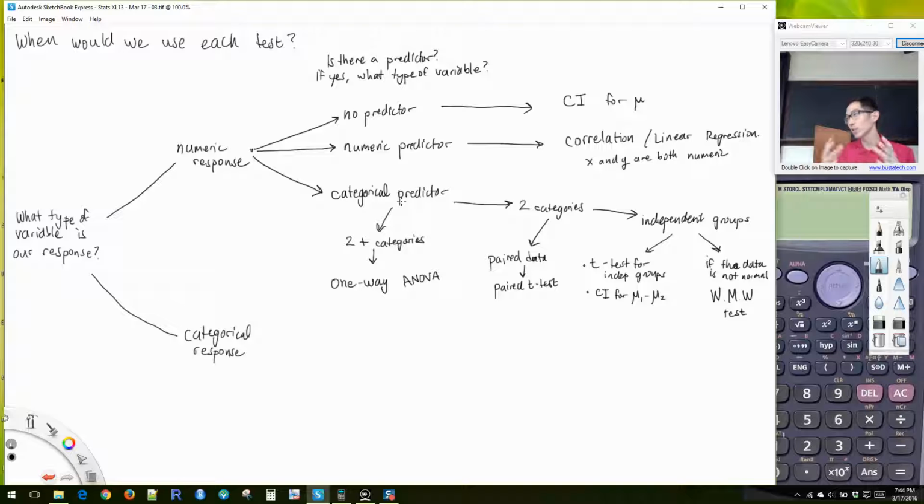That's a numeric response. Then we had a categorical predictor, diet 1 or diet 2 or diet 3. Which diet the lamb received is a category. That's what separated our three groups, and we had a numeric response.